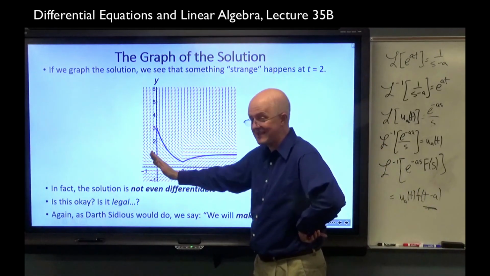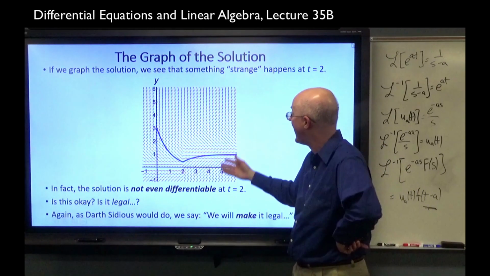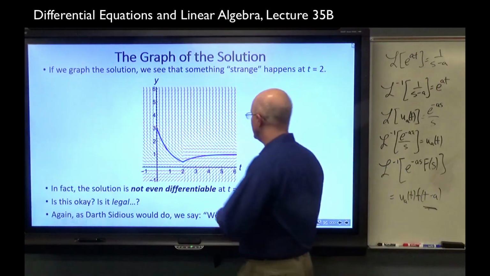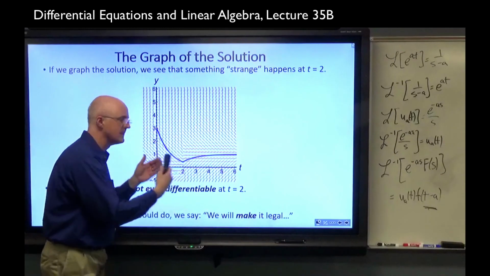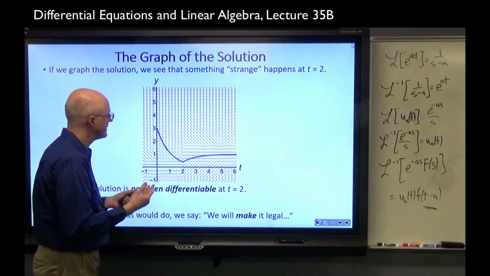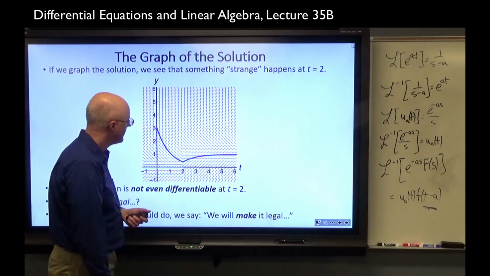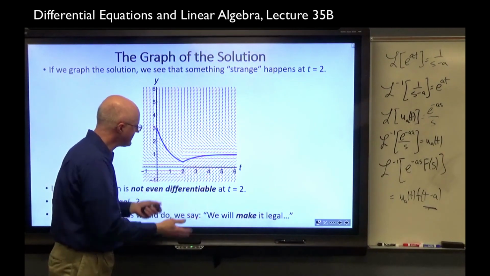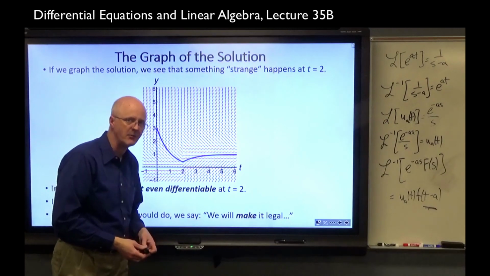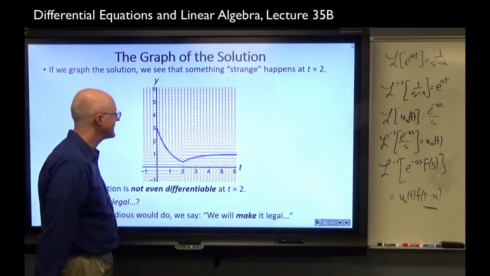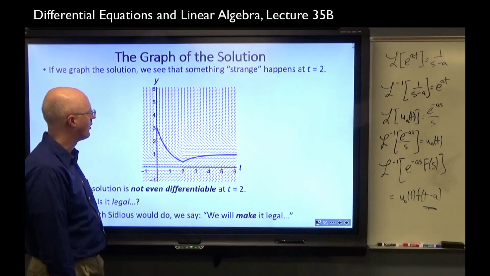Get a solution when t is less than 2, get a solution when t is bigger than 2. Hey, these solutions do have the same limiting value as t approaches 2 from the left or from the right. The limiting value is the same. So we may as well fill in the discontinuity if there was one. Get a continuous function. Yes, it doesn't technically satisfy the differential equation when t equals 2. But this would be the best thing to think about as a solution overall.